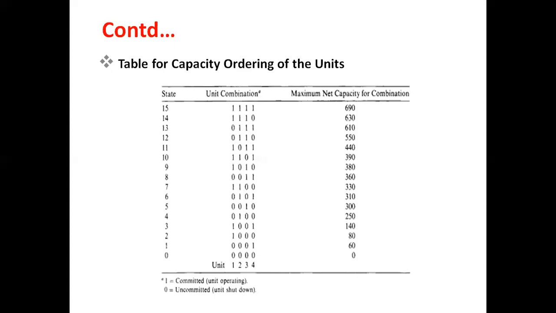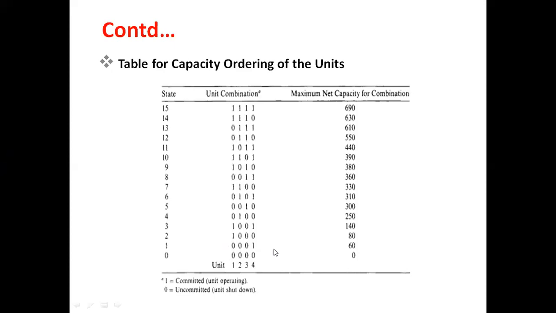So when all four are committed, the total maximum net capacity for the combination is 690. When units 1, 2, and 3 are operating, it is 80 plus 250 plus 300, which is 630.